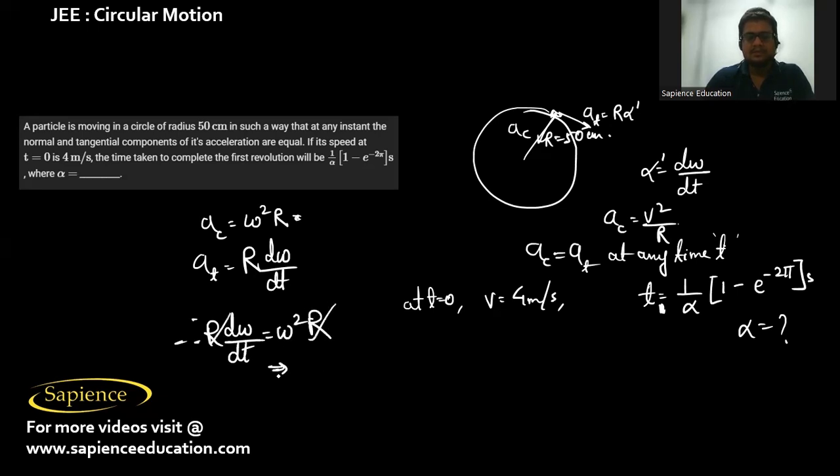So r will cancel, then we can say d omega by omega square will be equal to dt. At time t equal to 0, the first revolution it will complete.